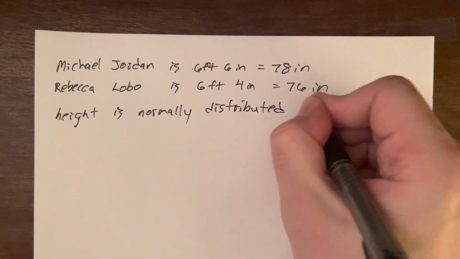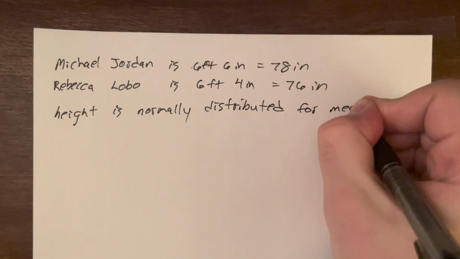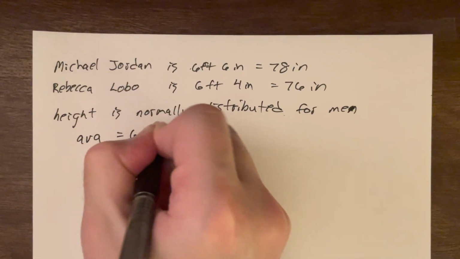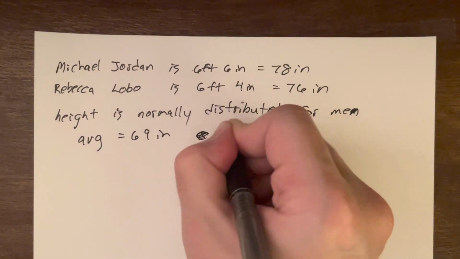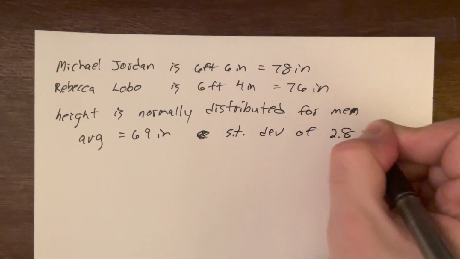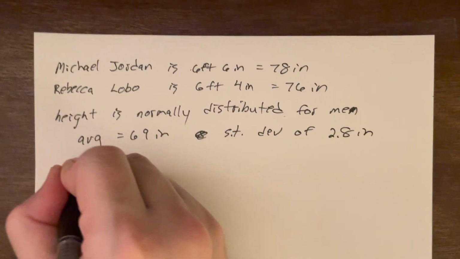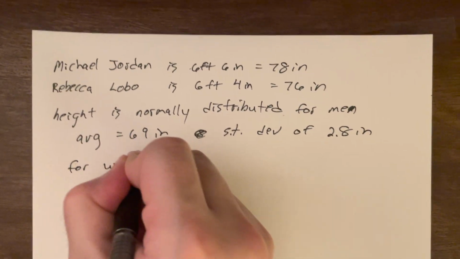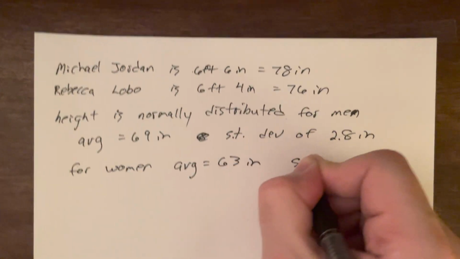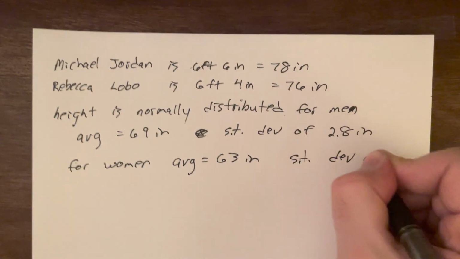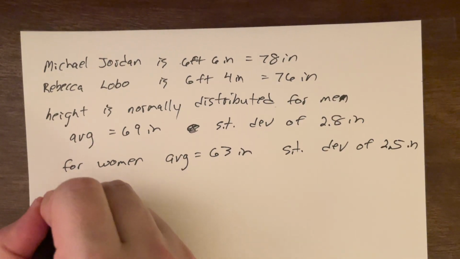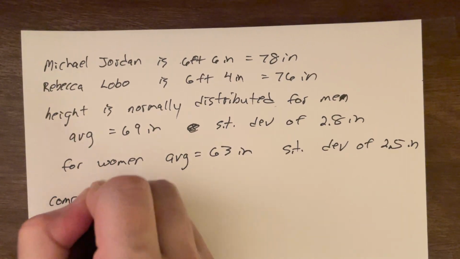For men, the average is 69 inches with a standard deviation of 2.8 inches. For women, the average is 63 inches with a standard deviation of 2.5 inches. Compared to their gender, who is taller?